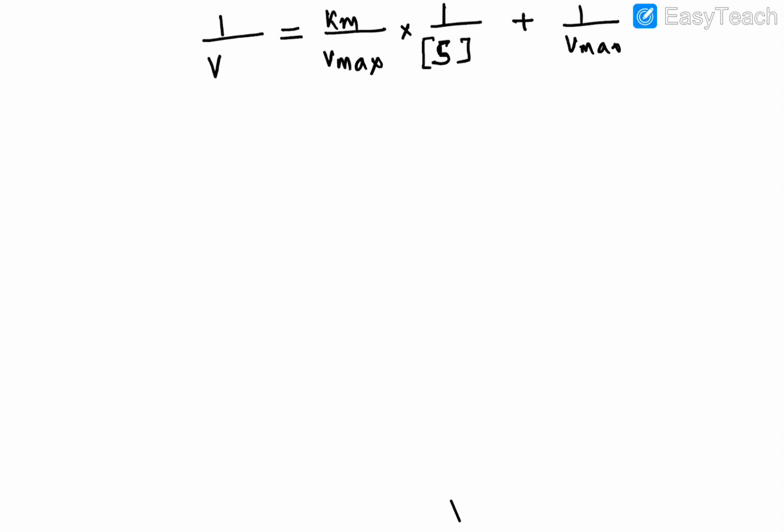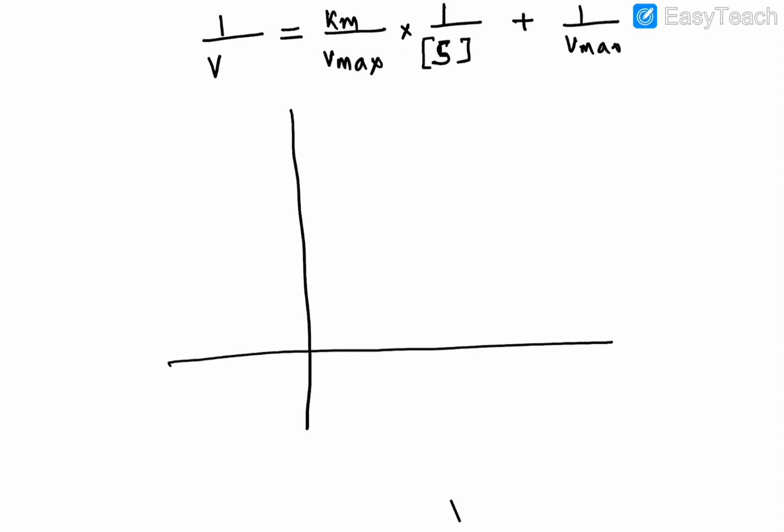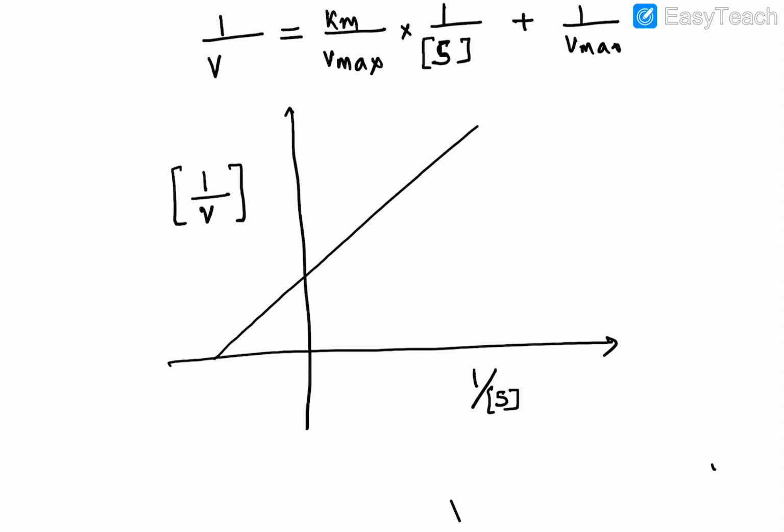So how do we plot it? Let us take the y-axis and x-axis. The 1 by substrate concentration is plotted on the x-axis, and 1 by V, velocity of the reaction, is plotted on the y-axis, and we get a straight line like this.